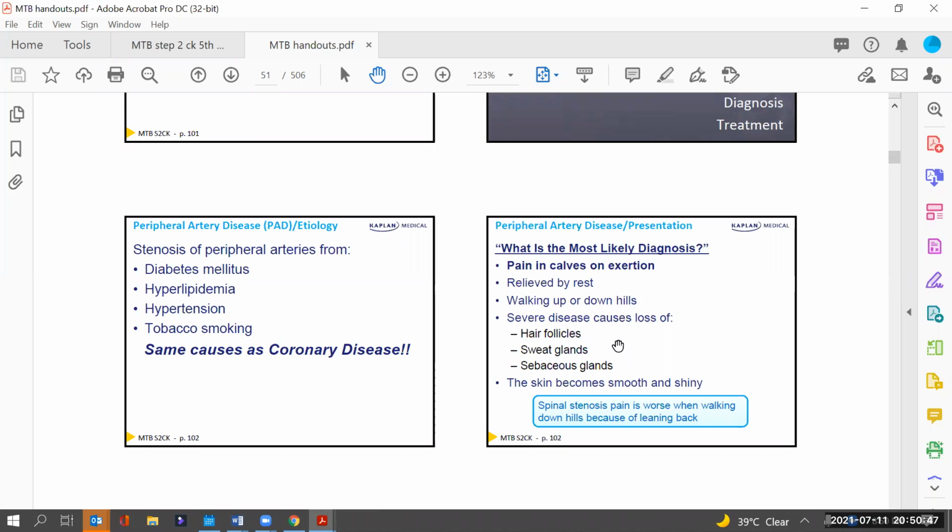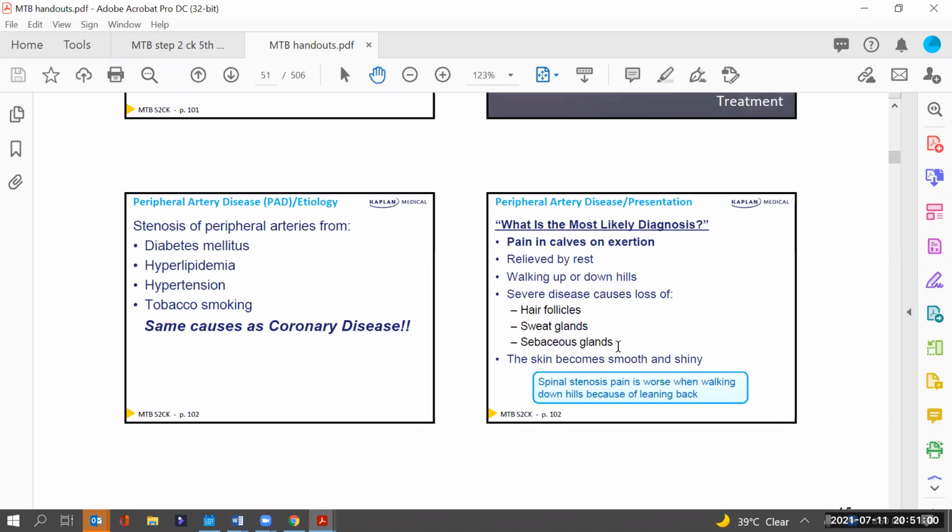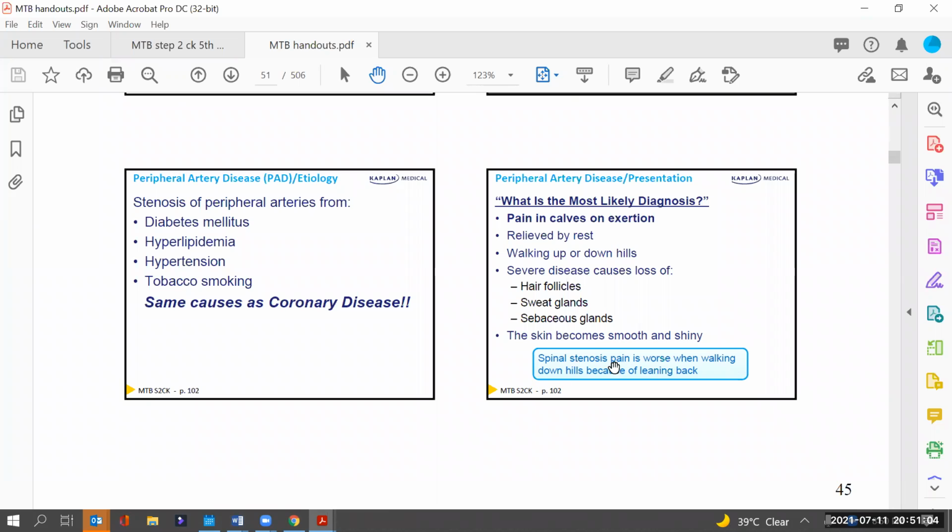That's a very common clue in physical examination. If you see a patient whose lower limbs are very shiny, with no hair follicles and no evidence of sweat glands or sebaceous glands, it's because of ischemia, low blood supply to the lower limb. The skin becomes smooth and shiny. Spinal stenosis pain is worse when walking downhill because of leaning back.